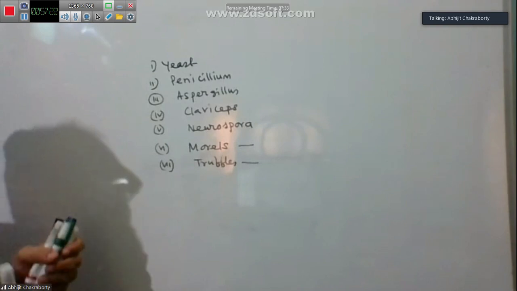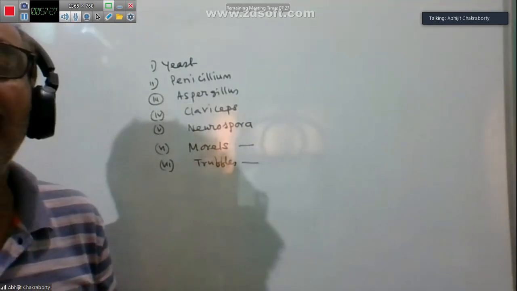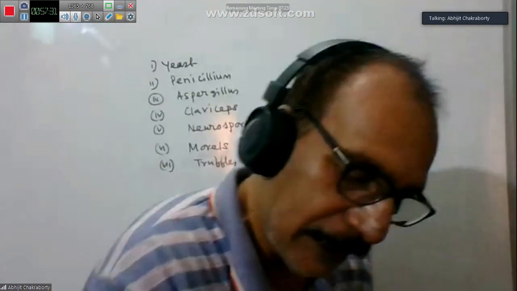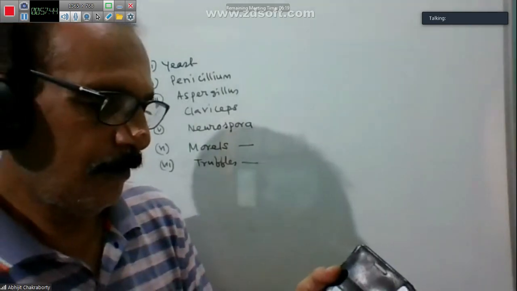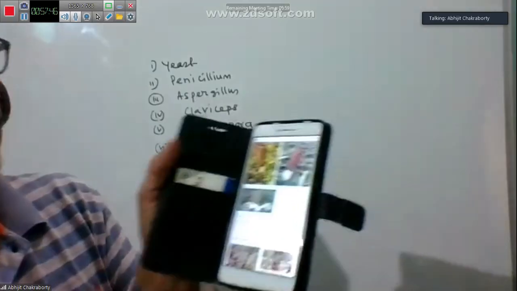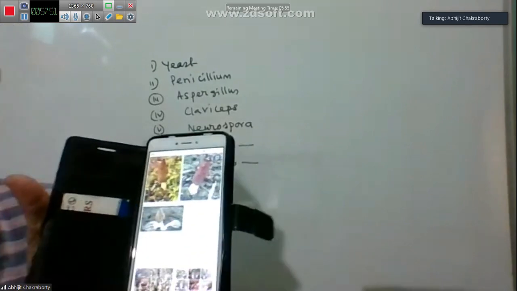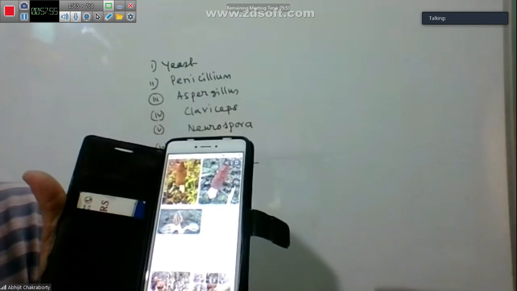Morels and truffles are actually edible fungi, similar to mushroom.